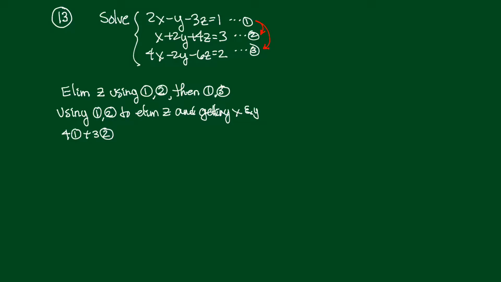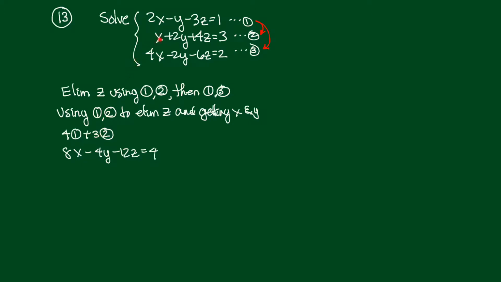All right, 4 times equation 1. So send that 4 through all 4 of those terms. We will get 8x minus 4y minus 12z equals 4. Let me just check that. Multiplying by 4, so 8, negative 4, negative 12, and 4. I've got them. Now, 3 times equation 2.